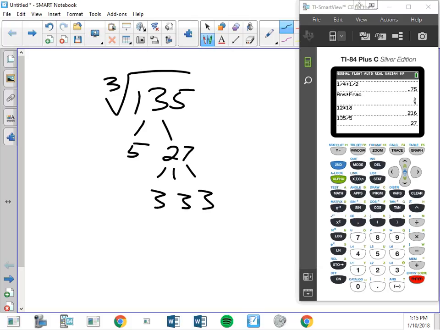What am I looking for? Triplets. Do I have a triplet? So I write 3 on the outside. What's left? The third root of 5. Yeah, it's going to get a little bit harder, though. So, yeah, we're not going to do that one. That one's too hard.